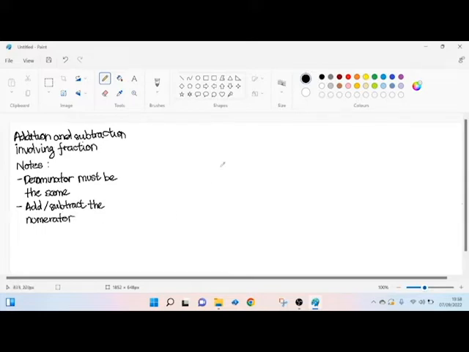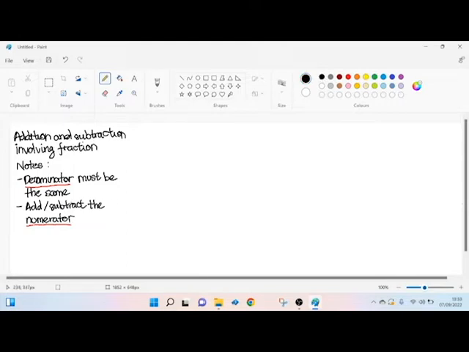When you look on the notes, there are two terms being used. The first one is denominator. The second one is numerator.